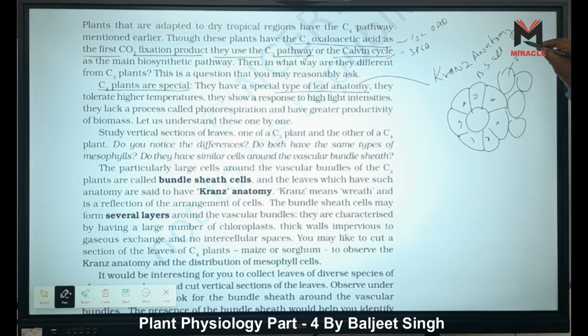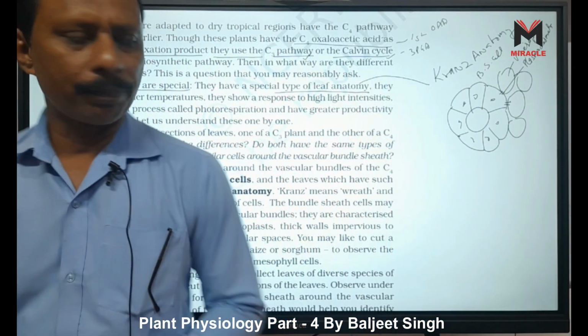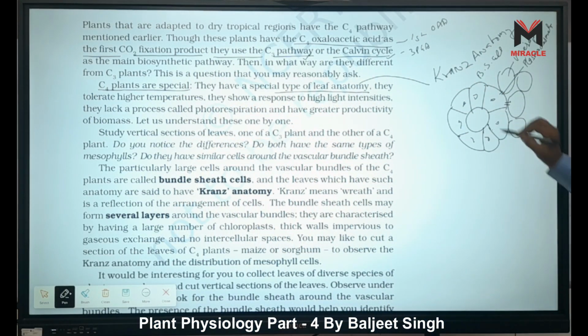The mesophyll cells are attached with bundle sheath cells through plasmodesmata. There is nothing in between; intercellular space is absent in the bundle sheath cells, right?